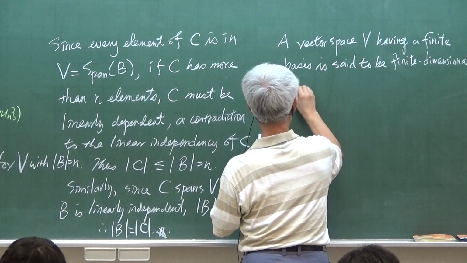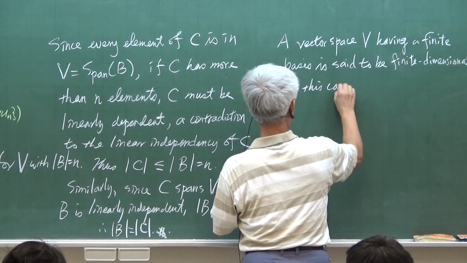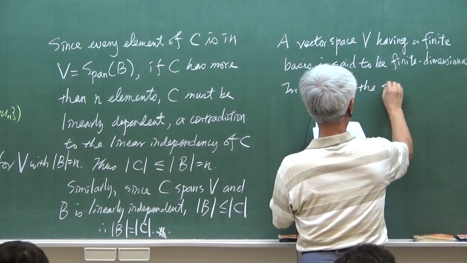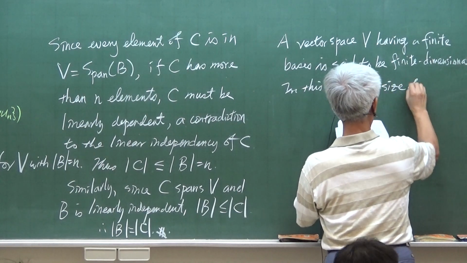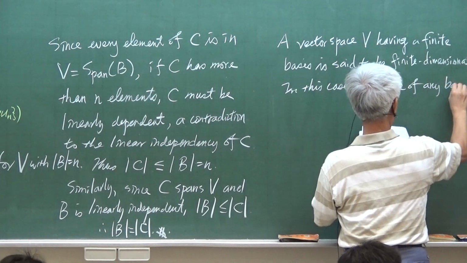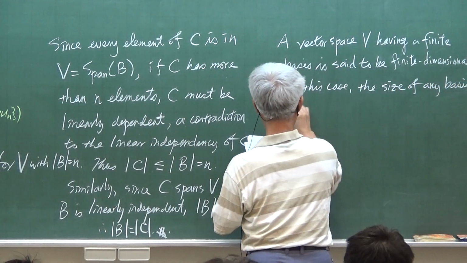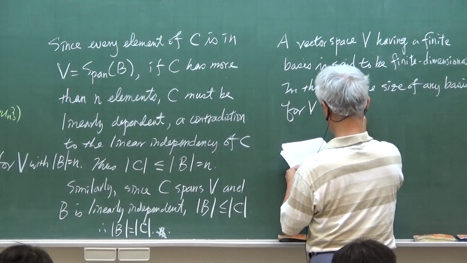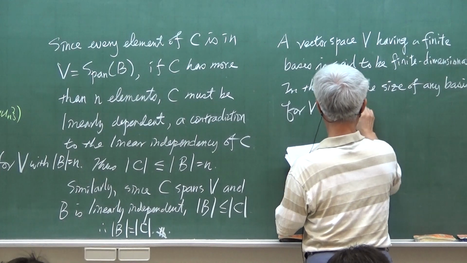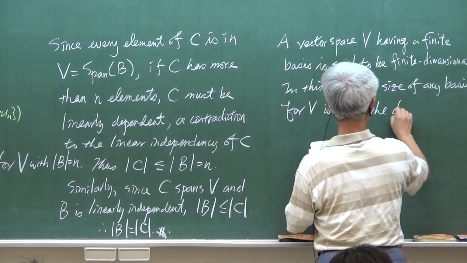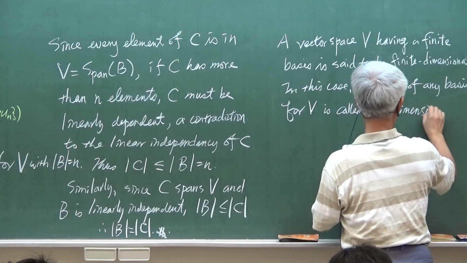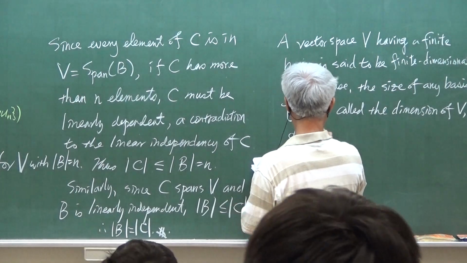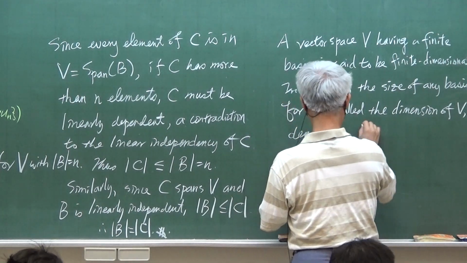Alright, and in this case, the size of any basis for V is called the dimension of V, and denoted as dim.